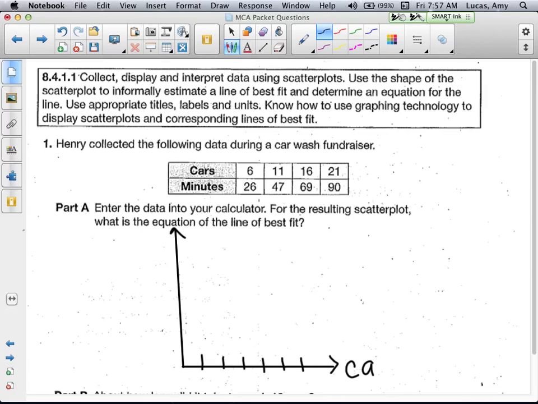So for the x-axis, we'll put cars. For my cars, I'm going to go by 5s. And then on my y-axis, I'm going to do minutes, and I'm going to go by 10s.